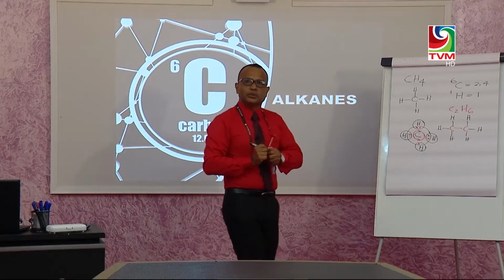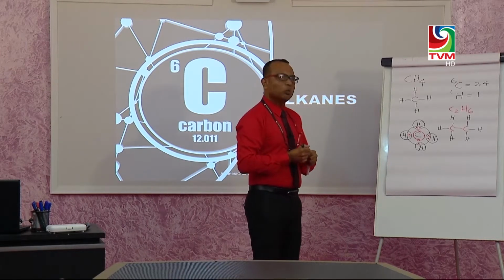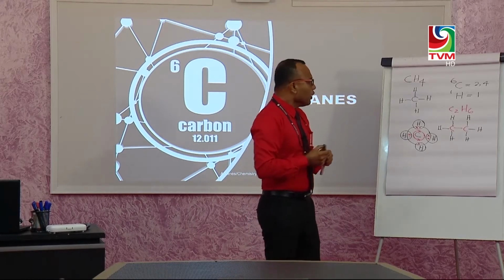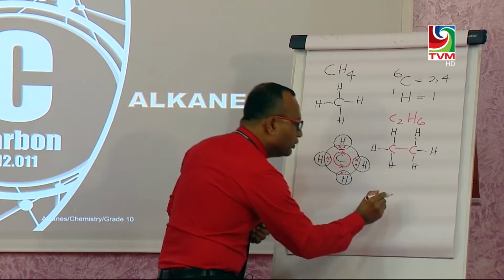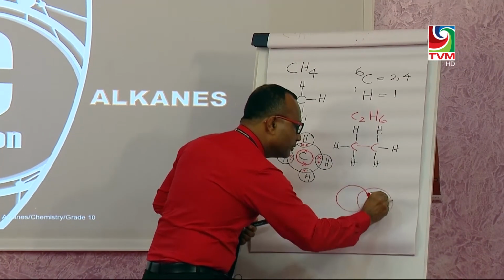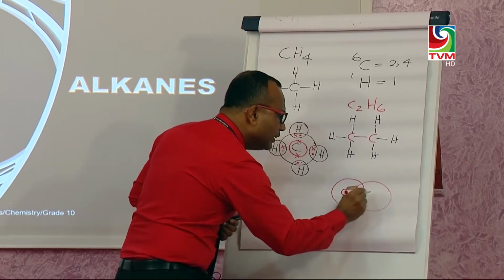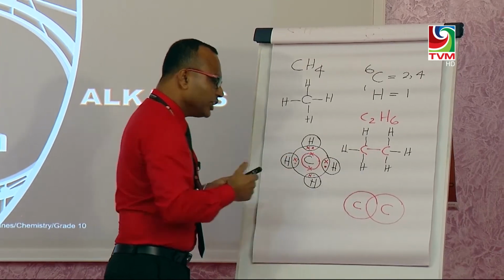Now I need to draw the dot and cross diagram of this ethane. What should I do? Draw 2 circles to accommodate the 2 carbons: first carbon, second carbon. You see, the first carbon has 3 hydrogen.